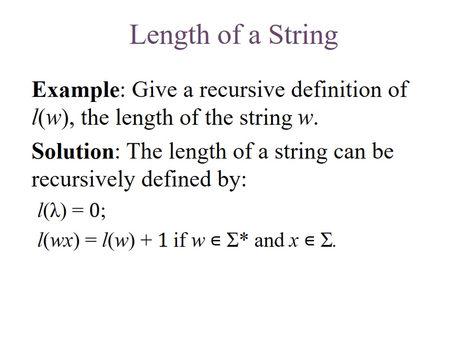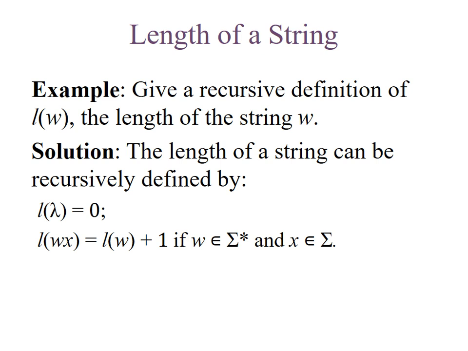So for the basic step, we can define L(lambda). This is the empty string. The length of the empty string is 0. And then for the recursive step, we can calculate L(Wx). So remember, W is the string and x is the alphabet. We can see W is in the set Σ* and x is in the alphabet set.